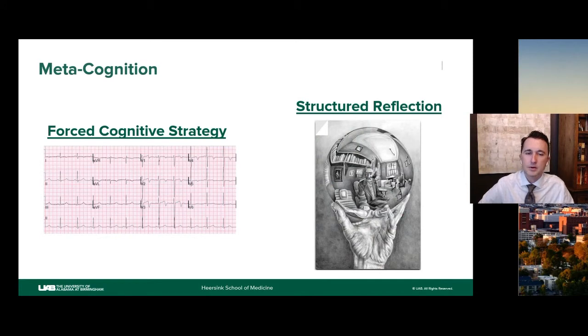Okay, so there are actually two techniques that fall under the metacognition strategy. The first is what we call forced cognitive strategy, or the other name is the two-pass diagnostic approach. This is where you initially form a gut reaction for a diagnosis, followed by a more analytical, slow second pass. This works great for all types of clinical scenarios, but a great example is how I look at an EKG or a chest x-ray.